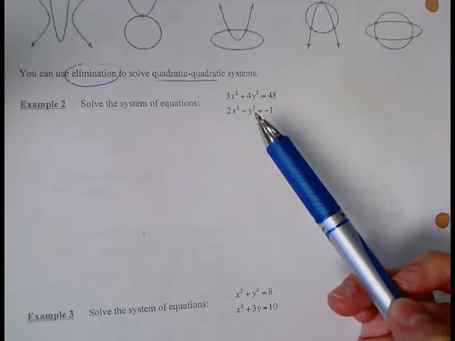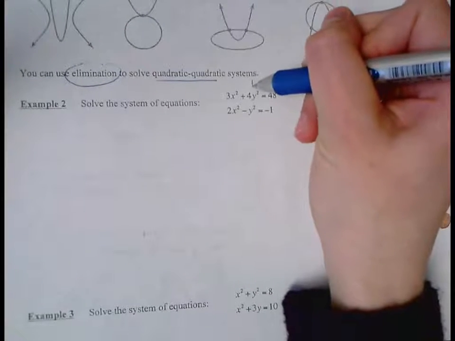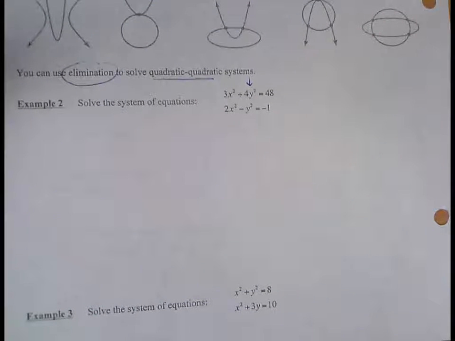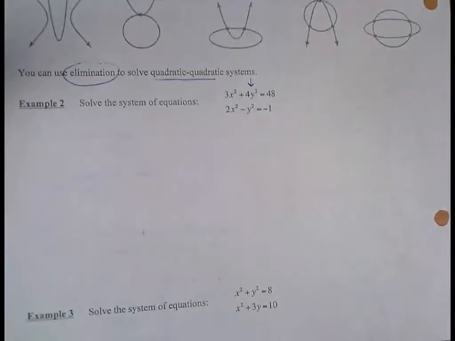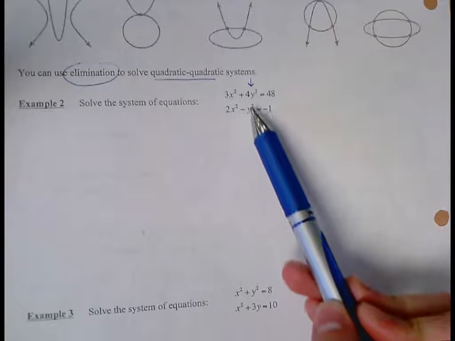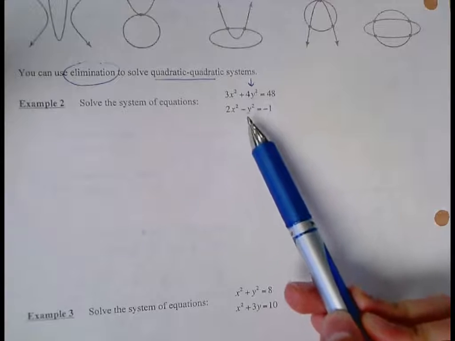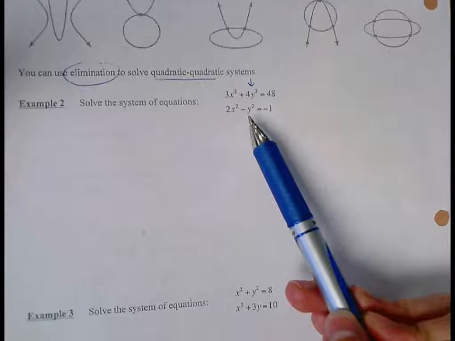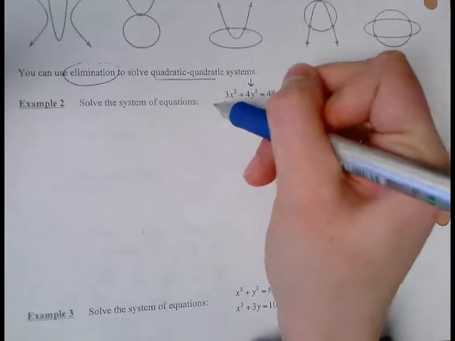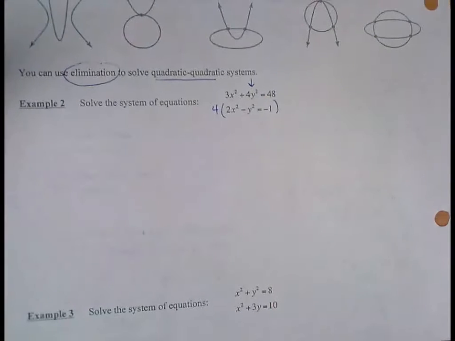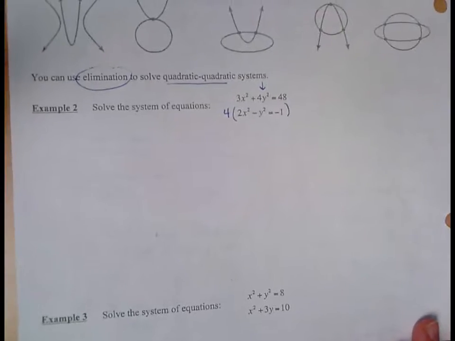By looking at this, if I take a look at the y squareds, really you could eliminate either one. I'm looking at the y squareds because one's already positive, one's negative. How would I get these to be able to be eliminated? Yes, multiply this bottom equation by 4. Remember, you have to multiply everything in the equation.